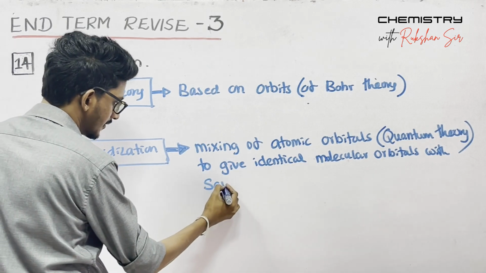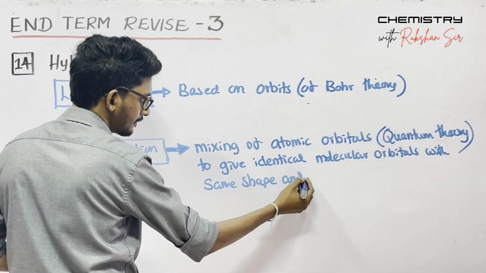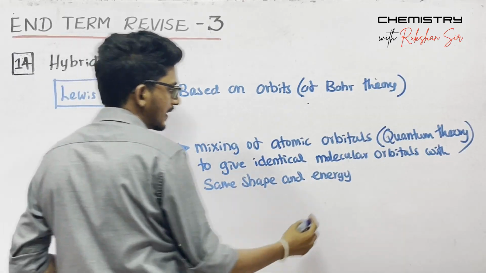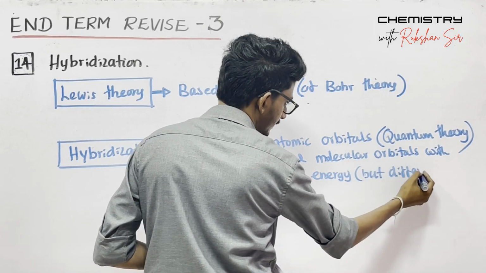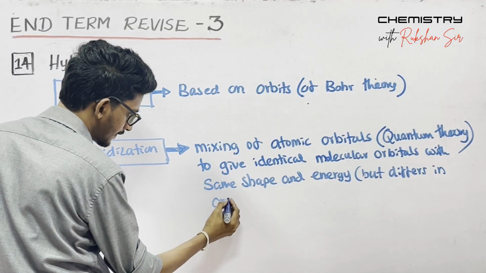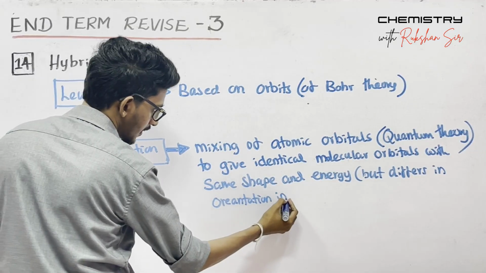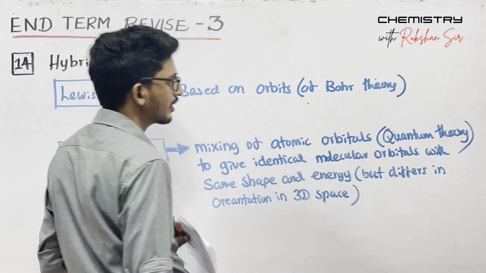They have the same shape, pattern, and energy, but differ in orientation in 3D space. Actually, hybrid orbitals are degenerate orbitals.